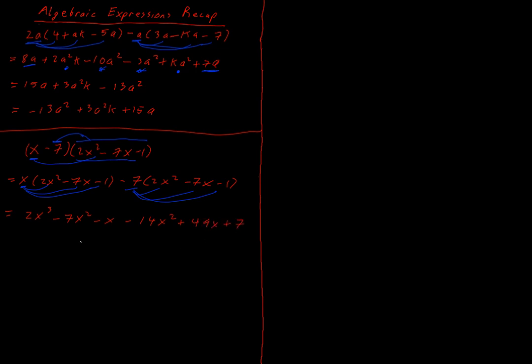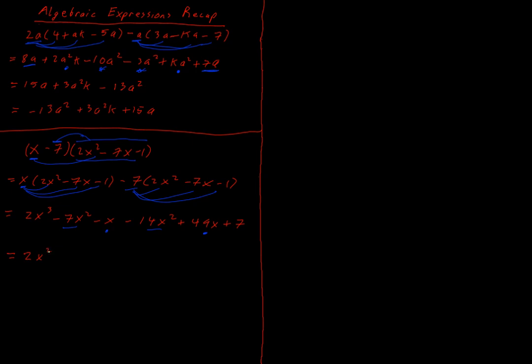plus 7. Now I'm going to group my like terms. I don't have anything else that is x cubed, but I do have 2x squared terms, and I do have 2x terms. And I'm going to write my highest power first, as we discussed up here.